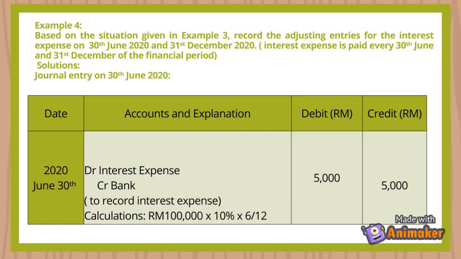Based on the situation given in example 3, record the adjusting entries for the interest expense on 30th of June 2020 and 31st of December 2020. Interest expense is paid every 30th June and 31st December of the financial period.